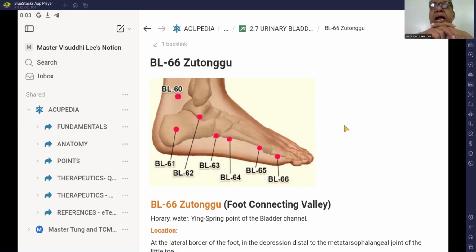The bladder meridian is the water meridian, its element is water, and Bladder 66 is the water point of the water meridian. So we say it is the horary point, and this is also the ying-spring point.